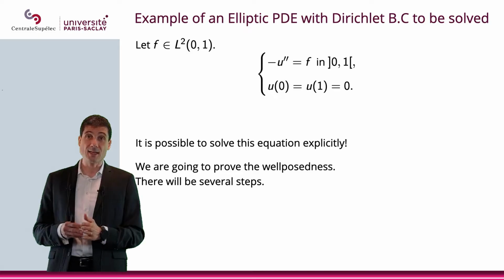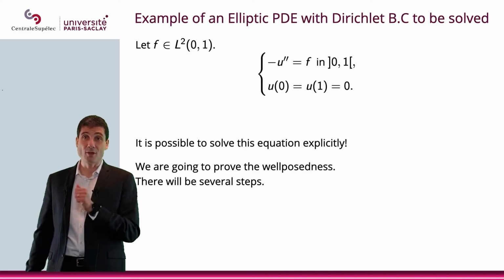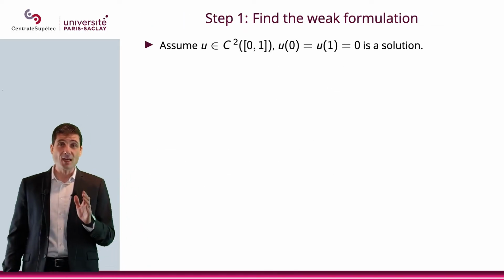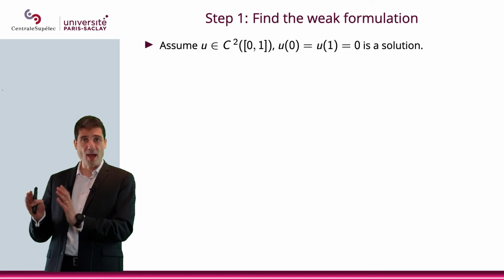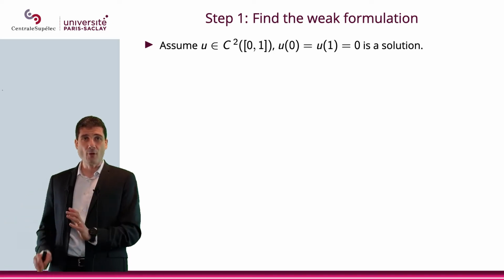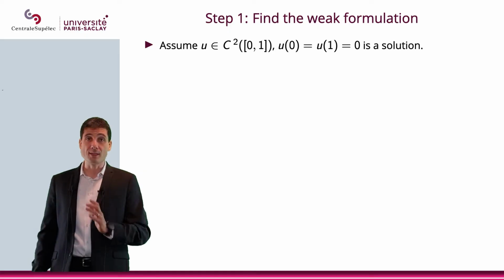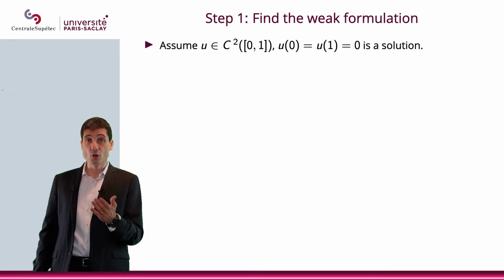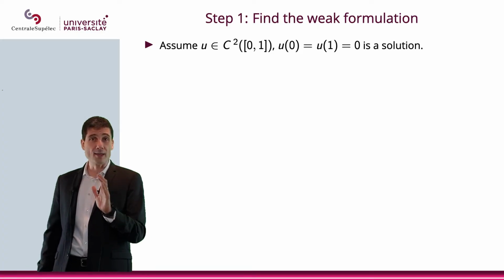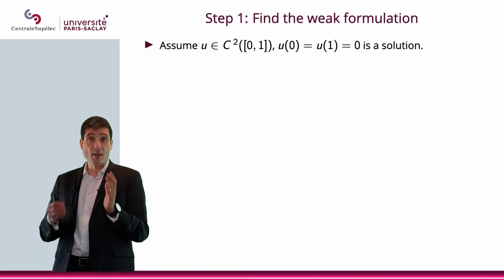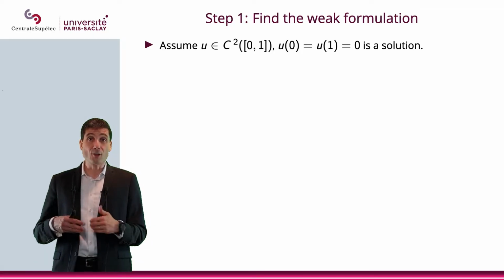So let's get started with the first step. The first step is actually not really part of the proof. It's what you do on draft paper. So on draft paper, you assume u to be C2, and you choose, of course, u(0) equals 0 and u(1) equals 0 as a solution. The reason why it's not part of the proof is because you're making an assumption which you cannot make at this point.